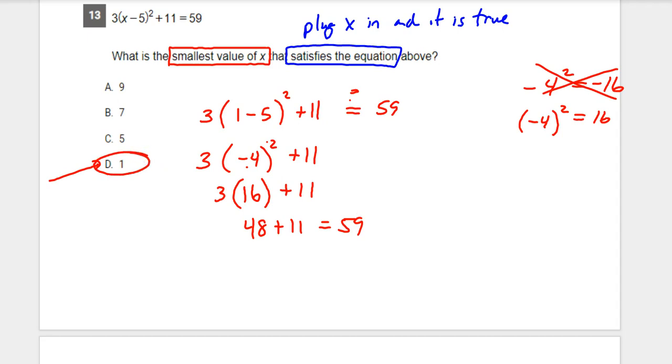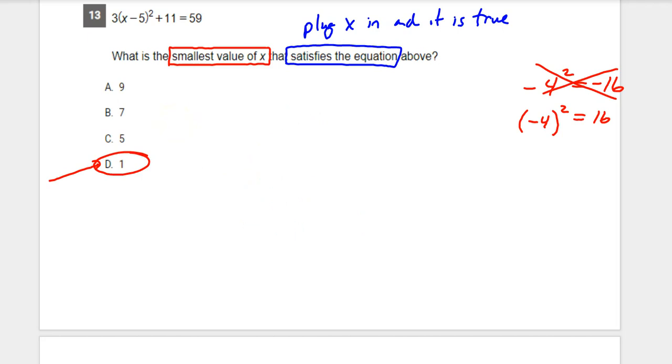I think there is another number here that works. If I were to go through and try all the numbers and I didn't have the experience to know that more than one x is going to work and I need to find the smallest, most kids just try to plug the top number in and you would get fooled on this one.